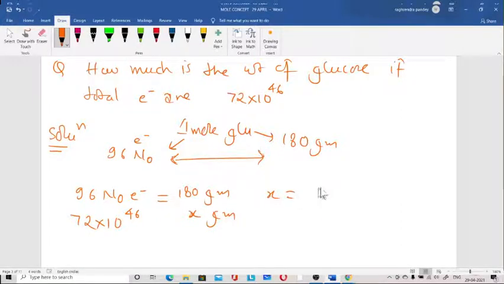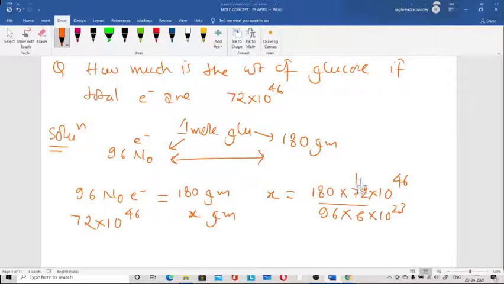This is your x: 180 into 72 into 10 to the power 46 divided by 96, and I am writing the Avogadro number 6 into 10 to the power 23.